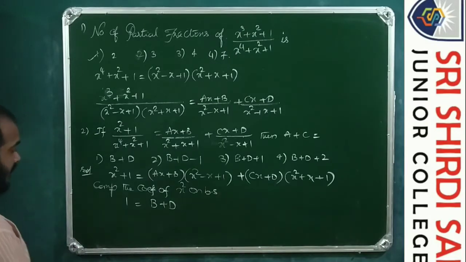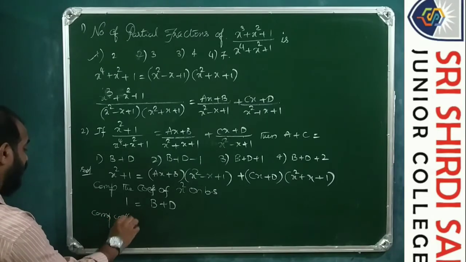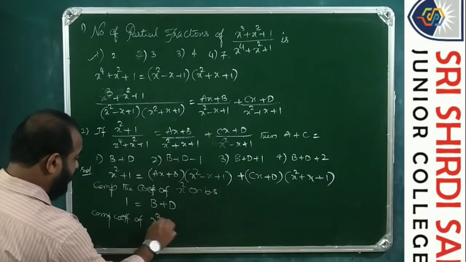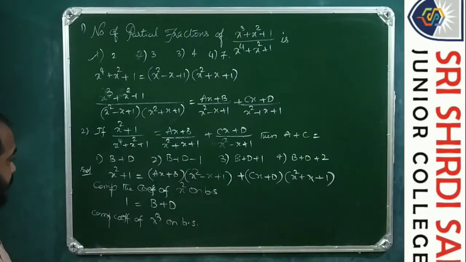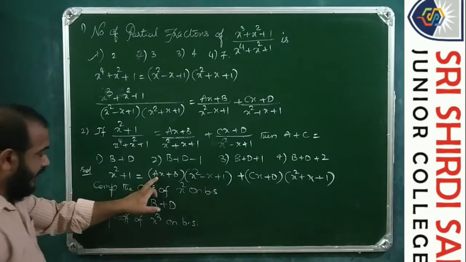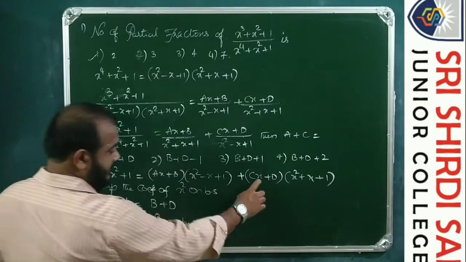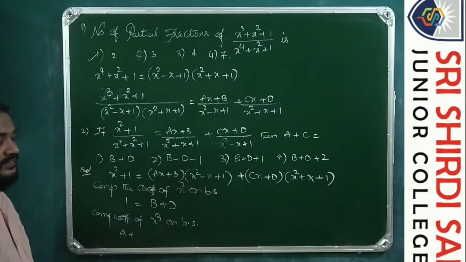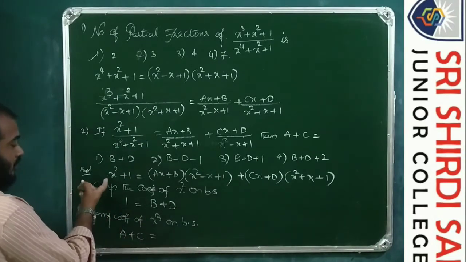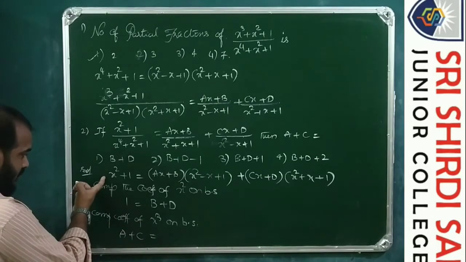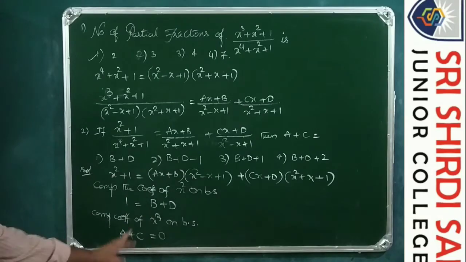And now comparing the coefficient of x cube on both sides, we get ax into x square, x cube quotient is a, plus cx into x square, x cube quotient is c, is equal to, there is no x cube term here, so its quotient is 0.